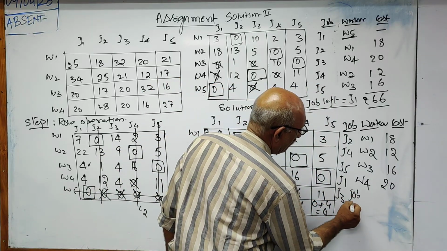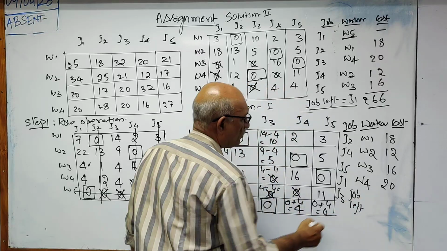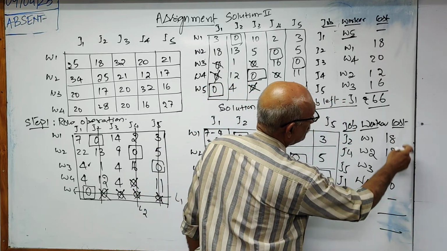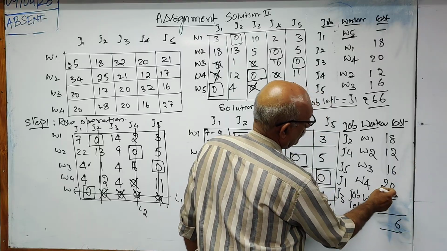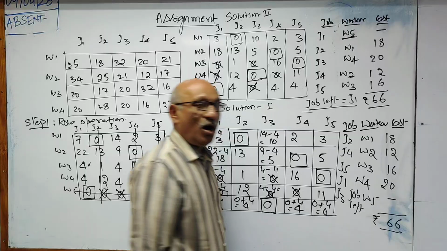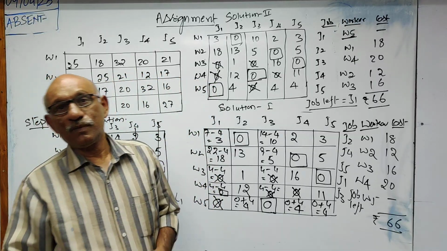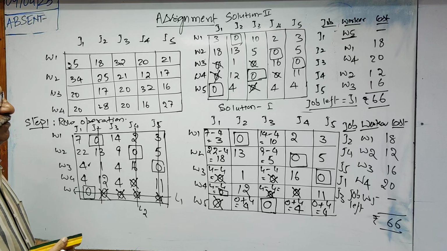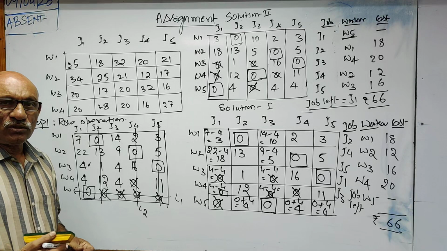This is job left, assigned to worker 5, no assignment cost. 66 rupees. Optimal value is same for both the solutions.